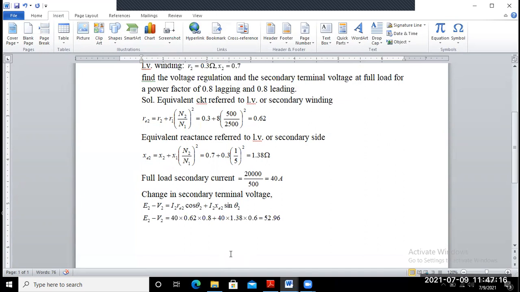So secondary terminal voltage, that means V2, equal to how much? We can find V2 from this equation. E2 is given to you as 500 volt. So E2 minus 52.96 equal to V2.